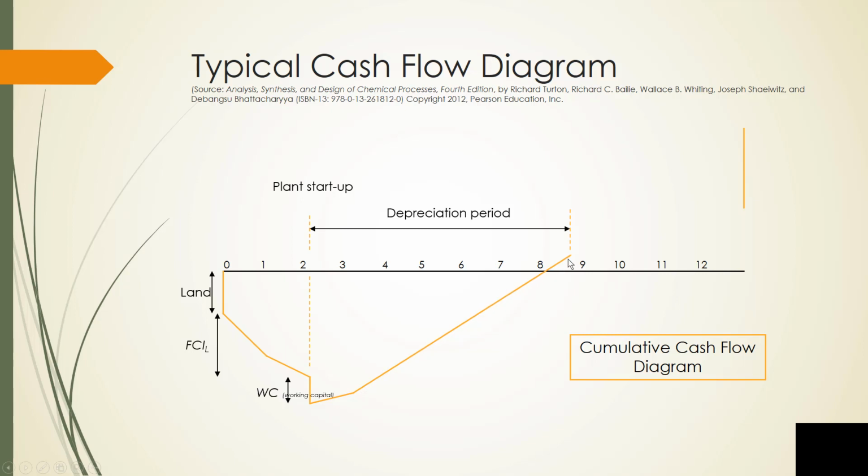And then once the depreciation period ends, I'm going to see a slope change again until finally the end of the project, at which point I'm going to be able to recover the land value, I'm going to be able to recover the working capital, and I may be able to recover some salvage value. And so we end up, without any discounting, with this number up here being the cumulative cash flow.